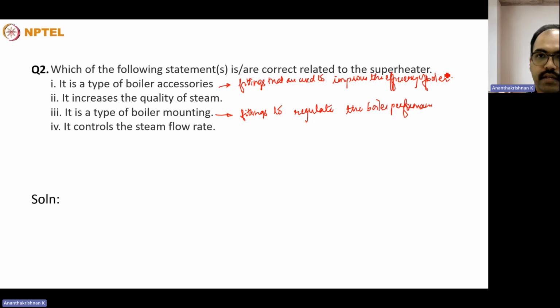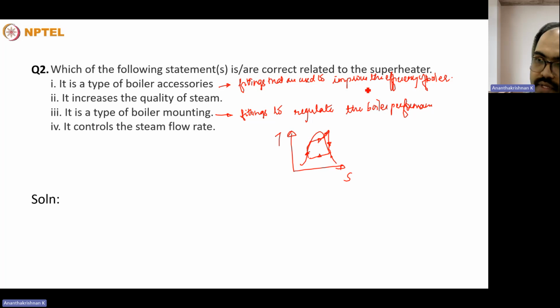If I try to draw it on a TS diagram, this region is superheating. So we increase the temperature of heat addition, and in that process, the efficiency increases.